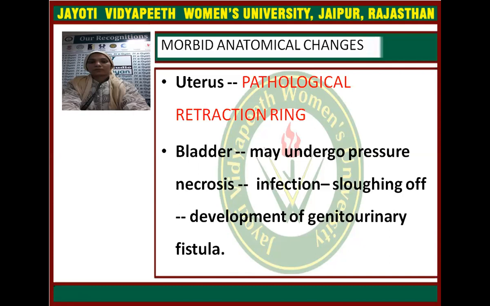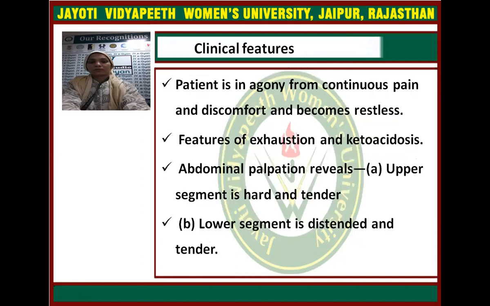It will cause pressure on the posterior wall of the bladder, and then it may undergo pressure necrosis. There might be infection because of the presence of urine and sloughing of that part, and development of genitourinary fistula. So the commonest complication of obstructed labor is genitourinary fistula.